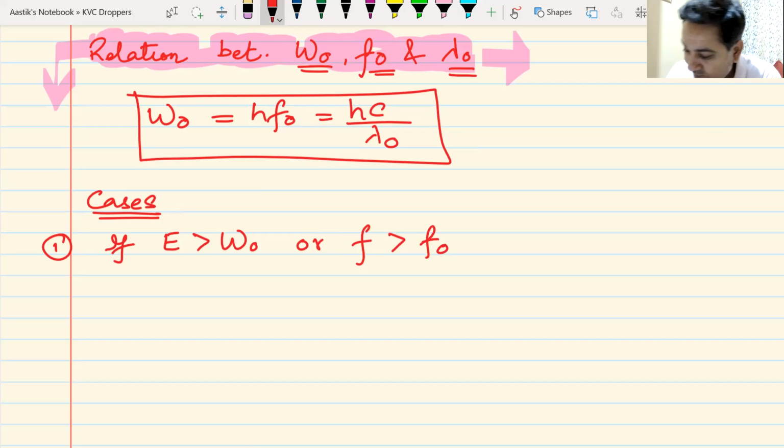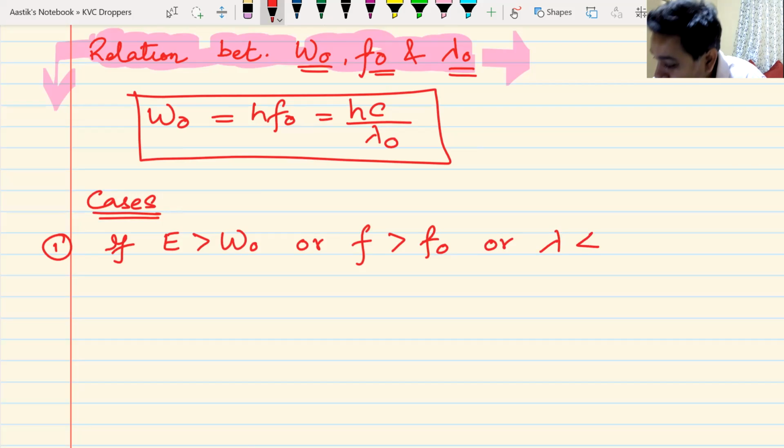Do we understand the meaning of the symbols? Or lambda, the wavelength of the photon, is smaller than lambda naught. Do we understand this? Yes, sir.